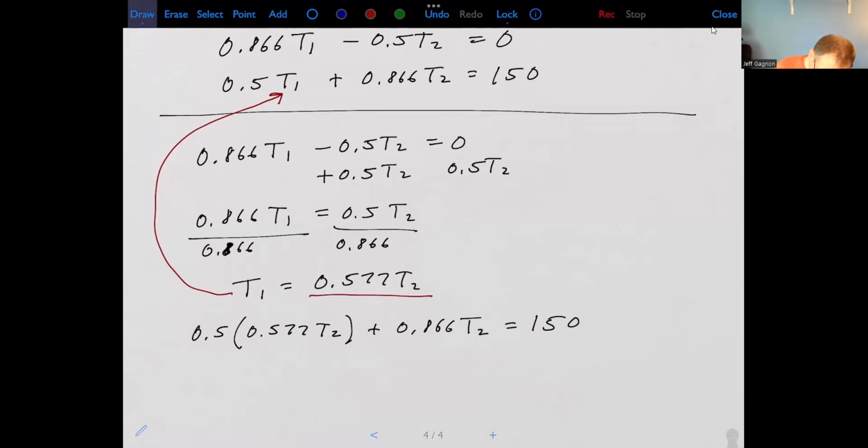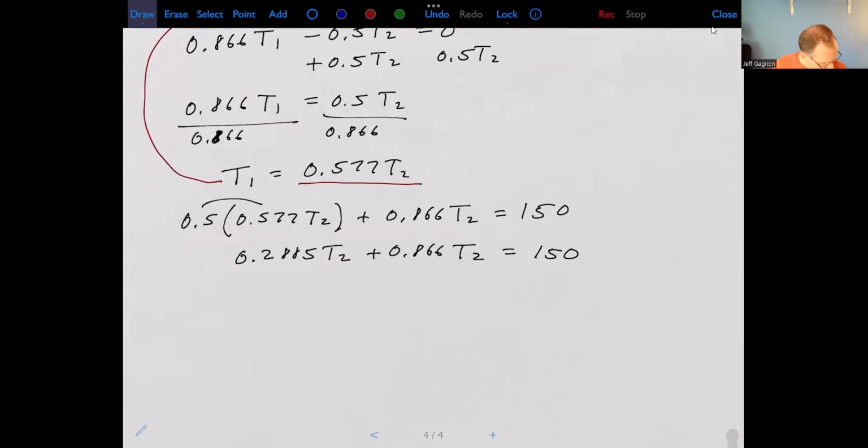If I multiply, we're going to distribute that 0.5 in, and I'm going to get 0.2885 T2 plus 0.866 T2 is equal to 150. Those are like terms, right? I can add these two terms together.